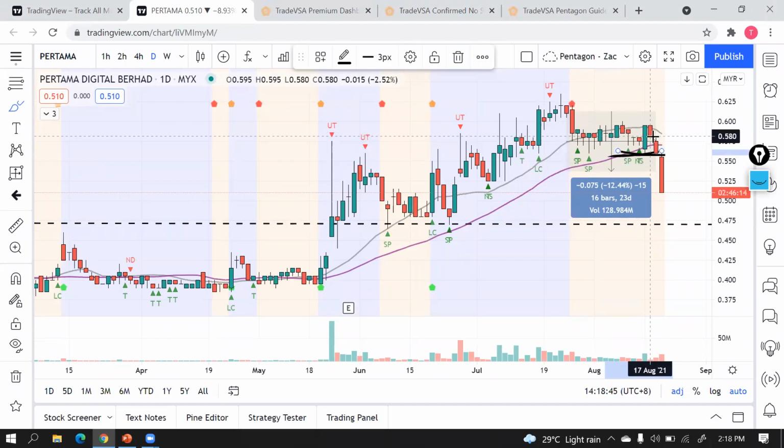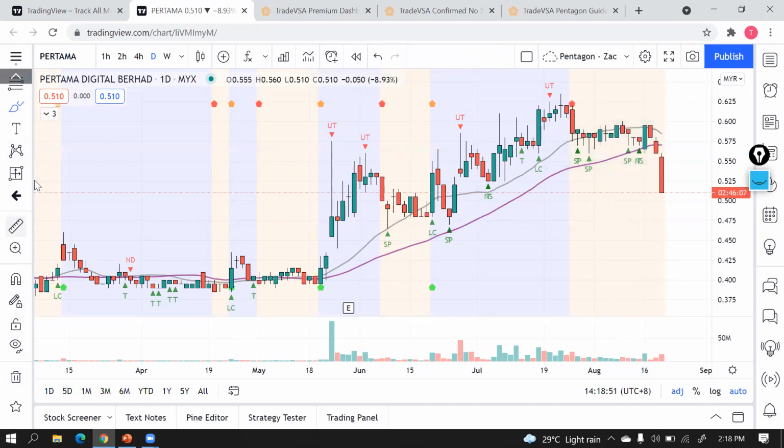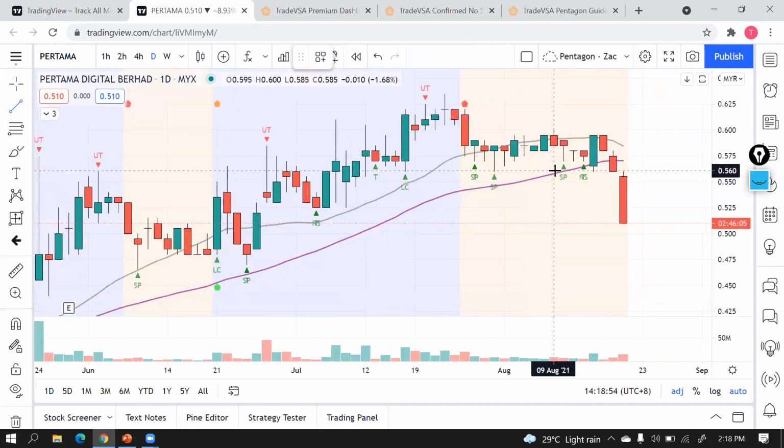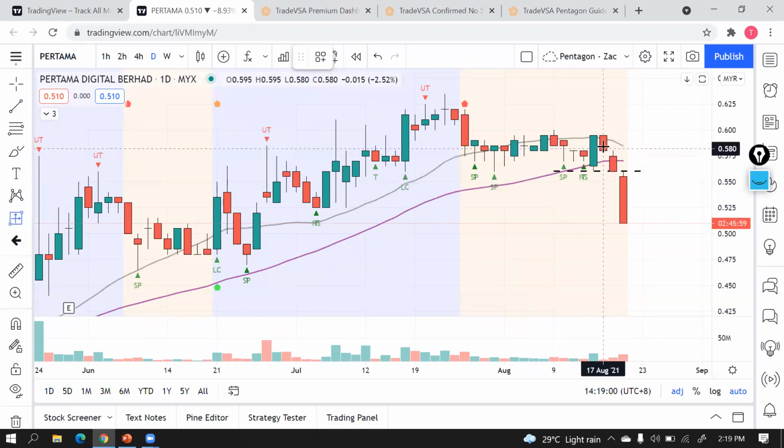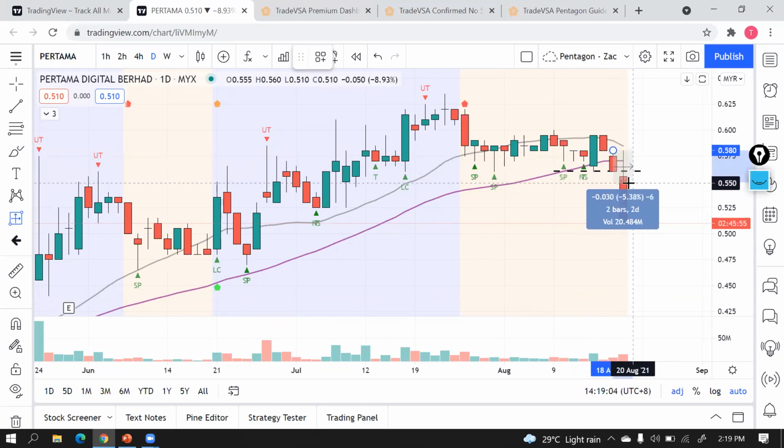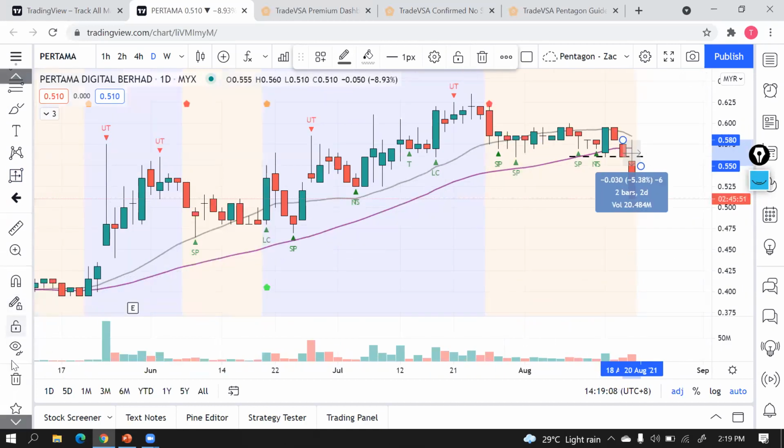Remember how I used the NS as my stop loss and the 40 MA. Yesterday it closed lower, and this morning it dropped further, so I just exit immediately in the morning. My loss is around 5% plus. I think I exit somewhere like 545.